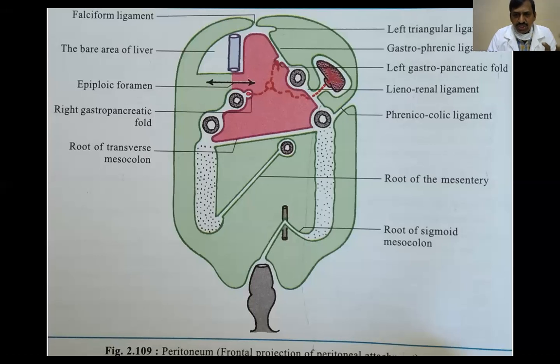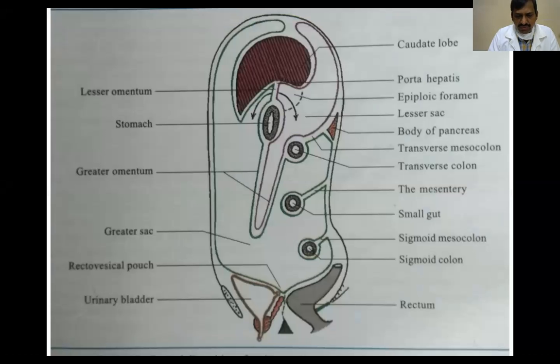These are the two pouches, the most dependent parts of the peritoneal cavity in the pelvis, especially from the left infracolic compartment. You see here, this is the recto-vesical pouch in the male.